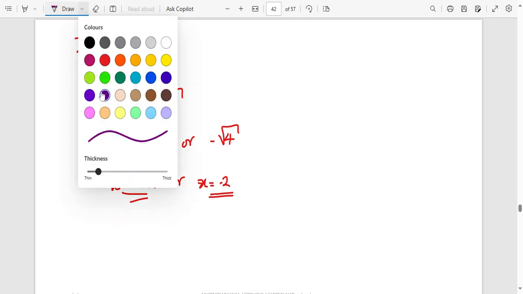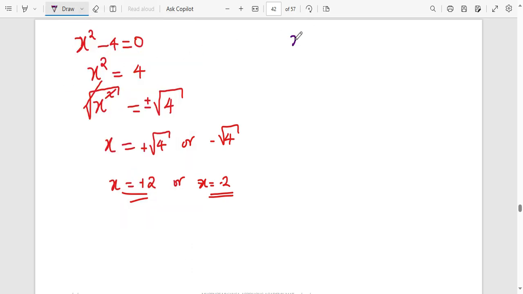But then, imagine the question they gave was x squared plus 4 is equal to 0. You want to solve this equation. You need to do the same thing. Take the 4 to the other side, it will become negative 4. To find the value of x, you still square root both sides.